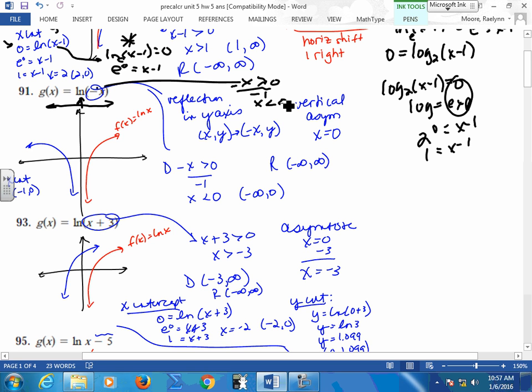And my domain says x is less than 0. And I can kind of see it here too, right? Negative infinity to 0. There's my domain of my transformed log equation. Whether I use log, whether I use ln, it is the same exact thing. Because an ln, even though it's your natural log, is the same as a base 3.